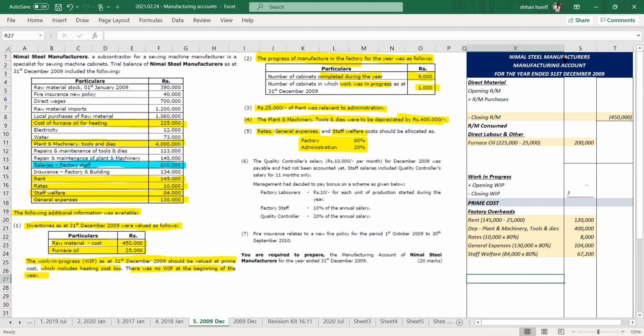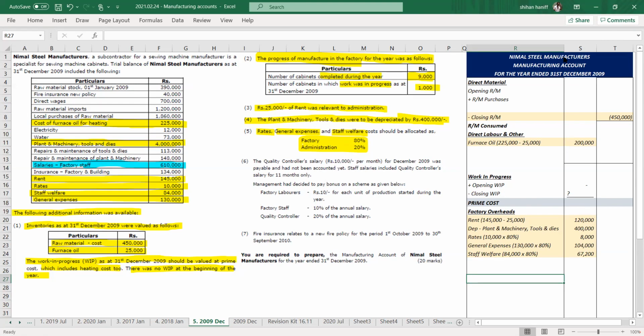Is it 9,000? 9,000 is completed during the year. Another 1,000 is work in progress. So how much is started? Started 10,000.